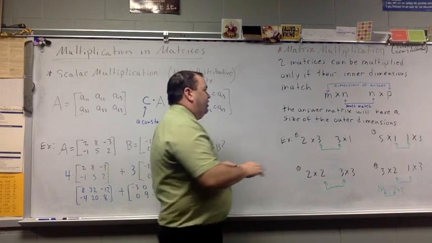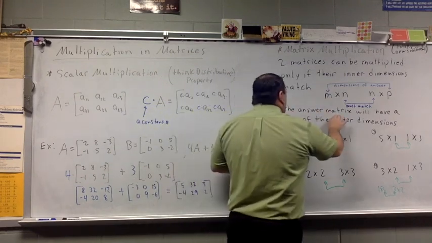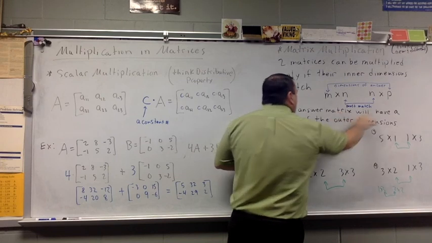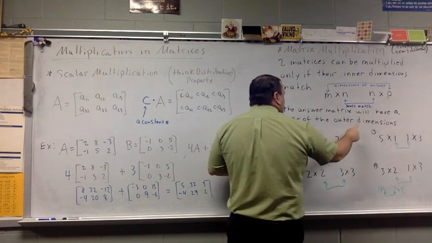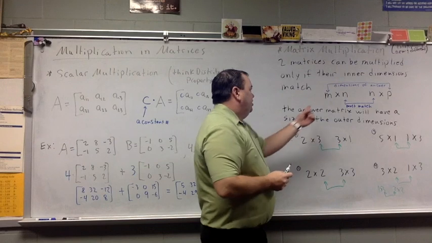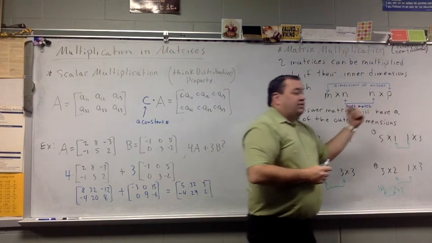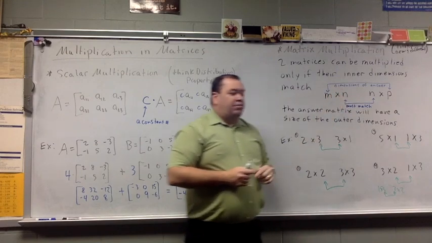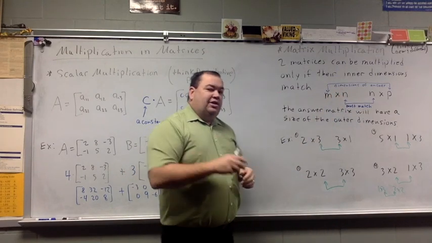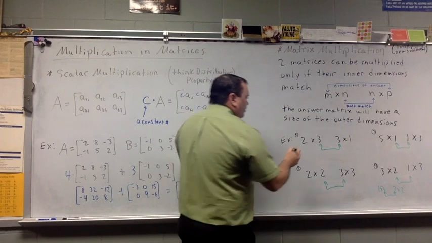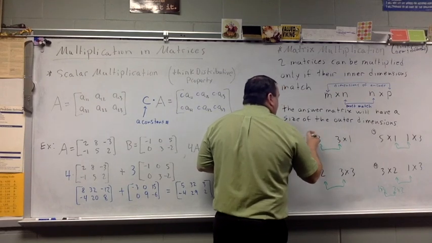The second half of that is the answer matrix. What I'm trying to find will have the size of the outer dimensions. So now I'm looking at the rows of the first one, the columns of the second one. That's going to be the dimensions of my answer. So let's take the two that we said we could do. This one right here, you said I could do.